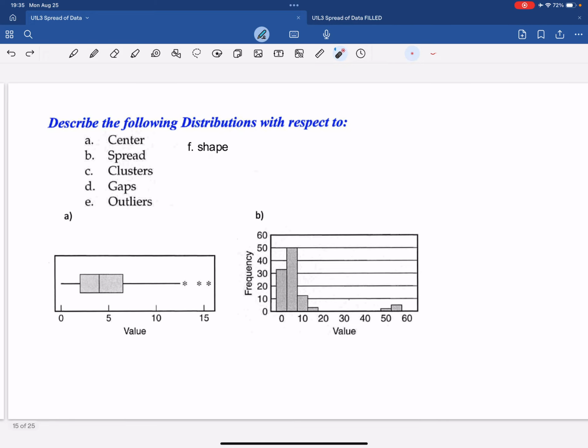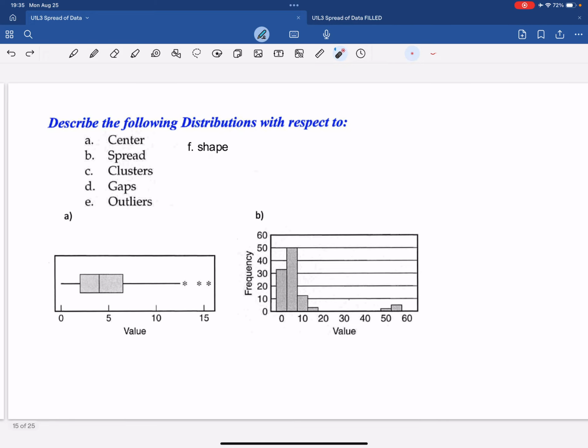The spread, well, it's going to be pretty large, more than 15. So if I make some notes here, center, it's about 4. The spread is about 16, I think.